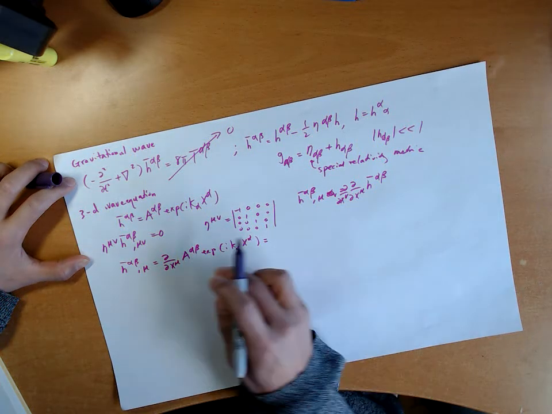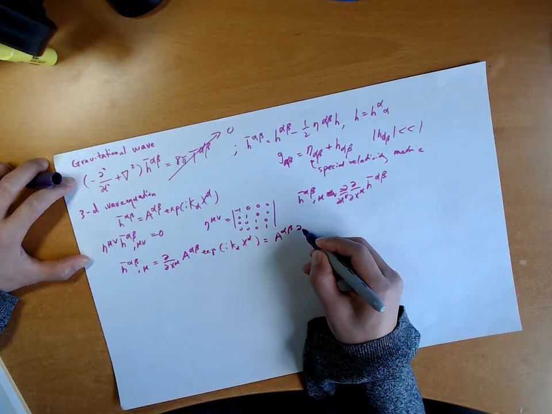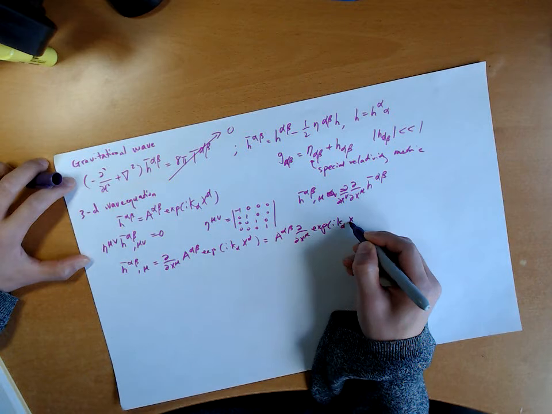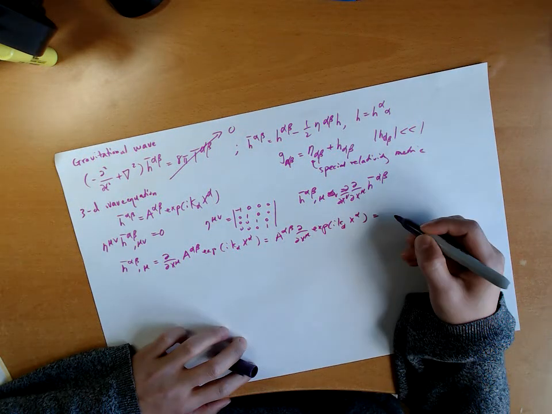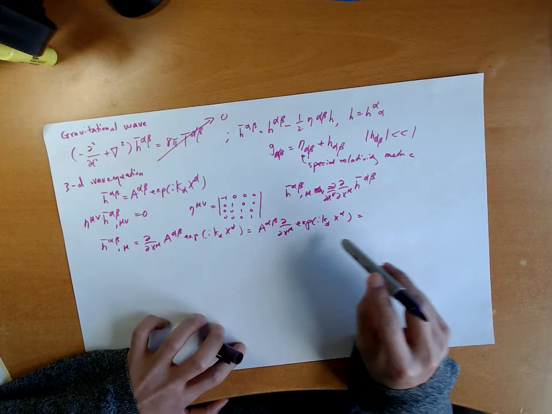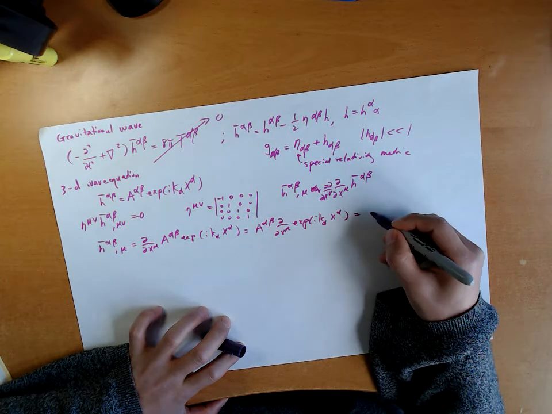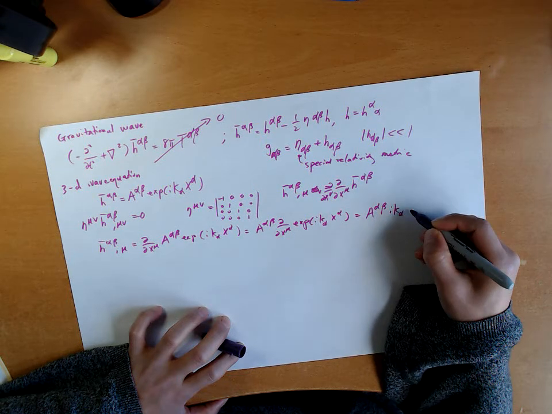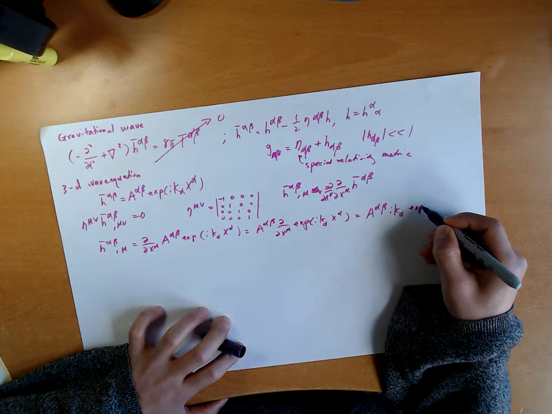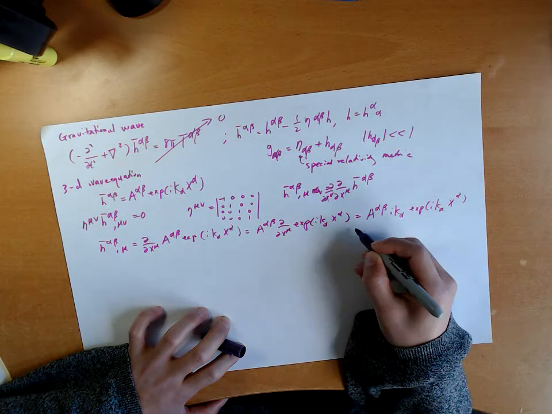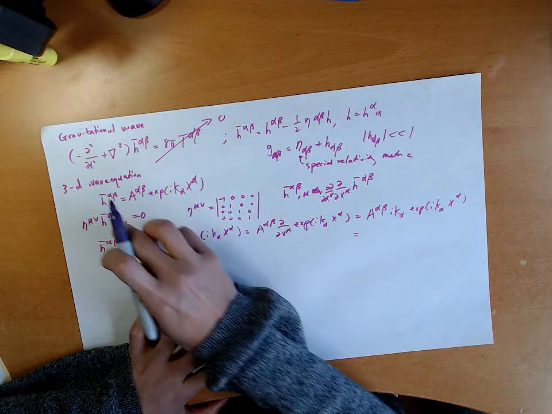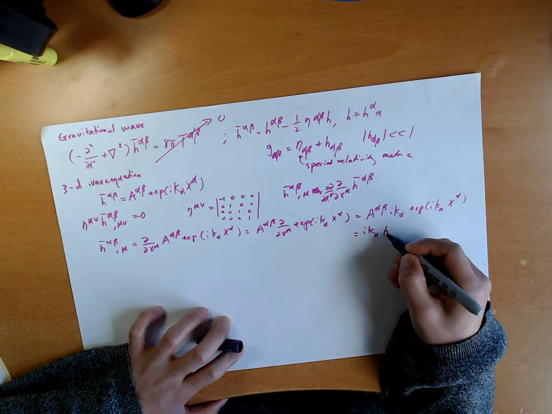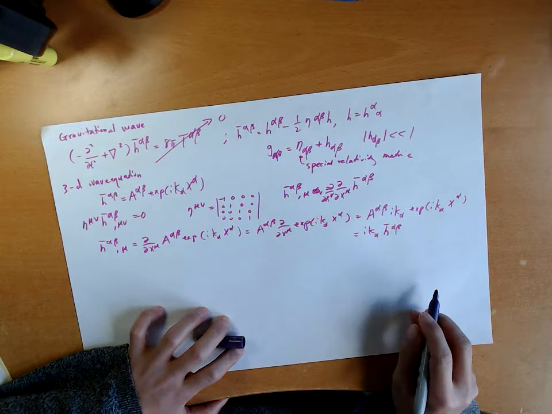Okay, so this is the constant, so it just goes out. And this is nothing but this here. So this is ik alpha h bar alpha beta.